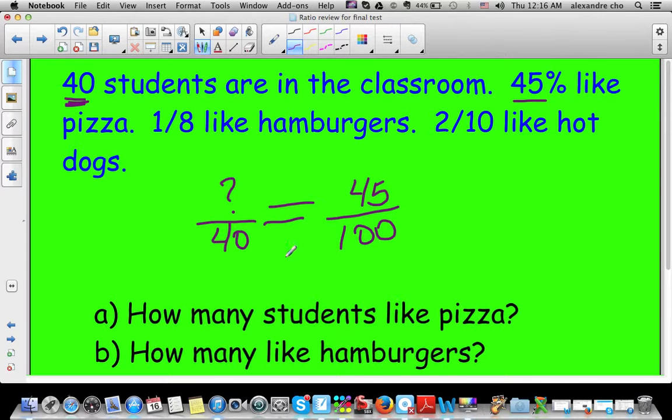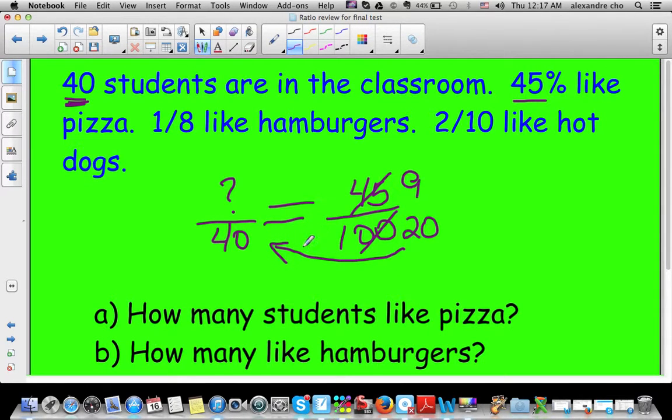Now, 40 to 100 or 100 to 40, not really a clear relationship. Okay, I can't divide this by 2. If I divide it by 5, I can actually do that. If I divide this by 5, I get 9. If I divide this by 5 again, I get 20. There is a relationship here between 20 and 40.